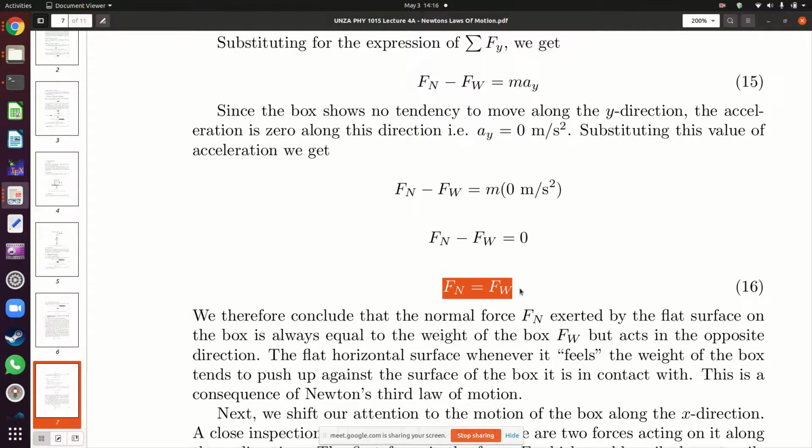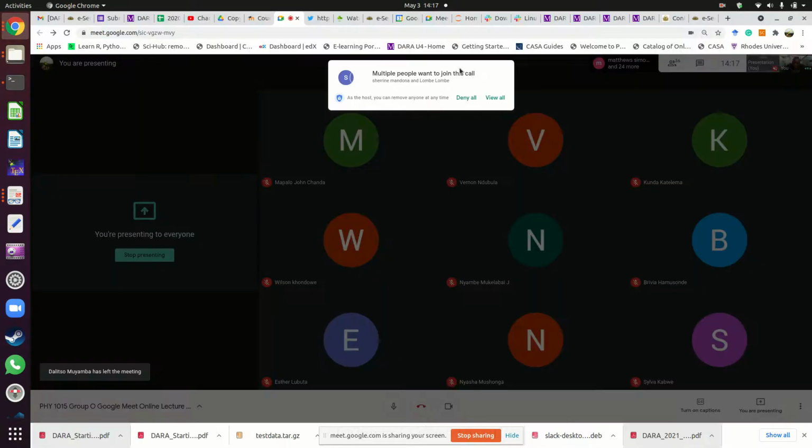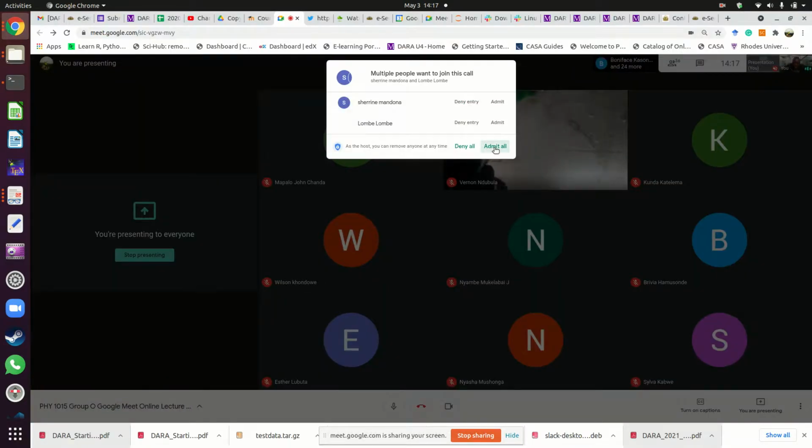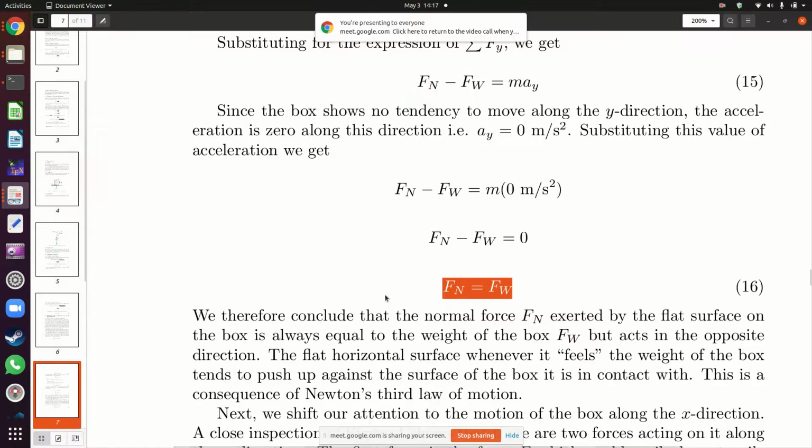The conclusion we make: whenever you have something seated on a flat horizontal surface, and that particular something is not sinking or flying off, the weight of that particular object you have on a table or on a desk is equal to the normal force. That is the conclusion you draw here. The weight of the object, Fw, is equal to the normal force.